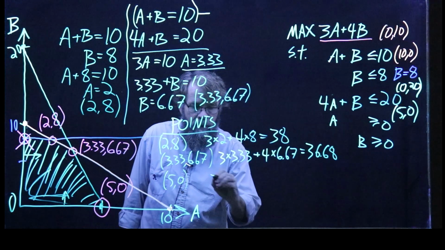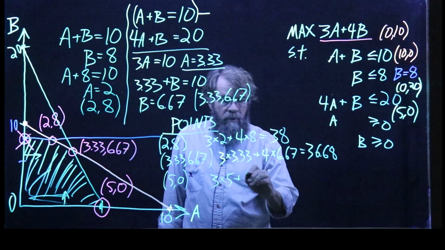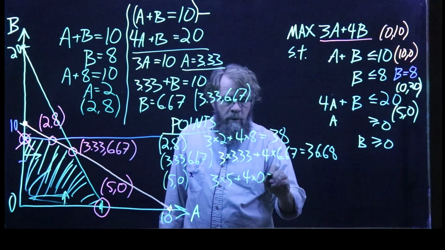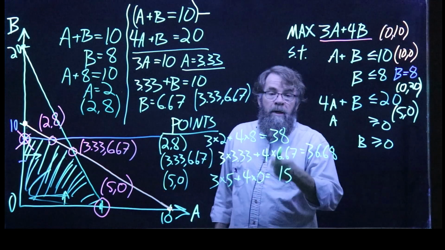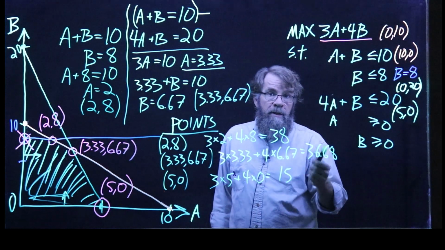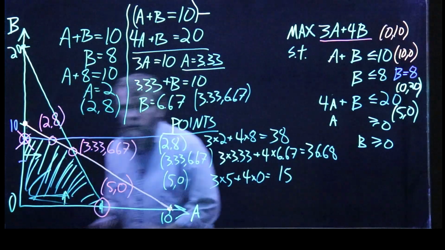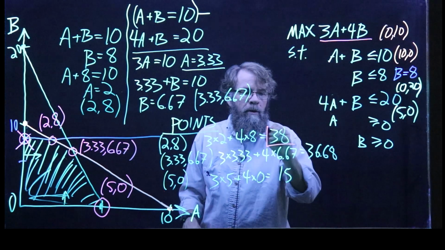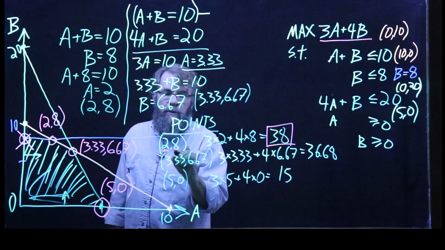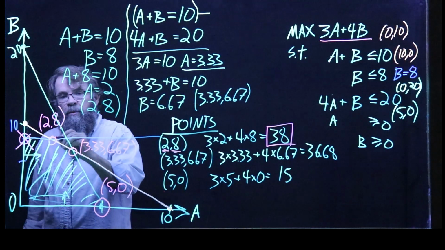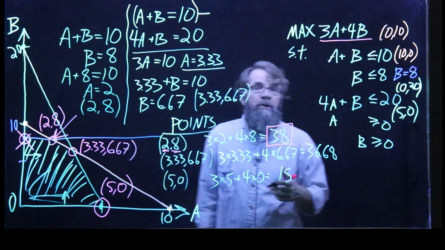And then lastly, we have 3 times 5 plus 4 times 0, which is obviously 15. So of these 3 points, we could get $38 or $36.68, or we could get $15. Obviously, the winner here is $38, where the point is a is 2, b is 8. So this point right here is our optimal point to choose.